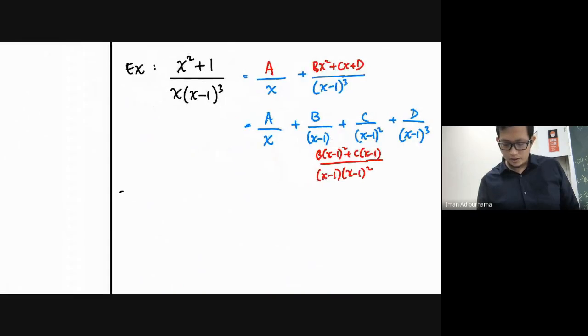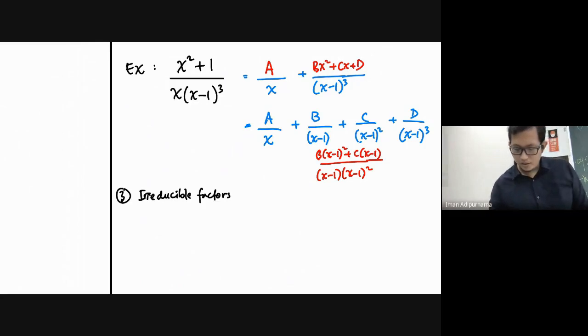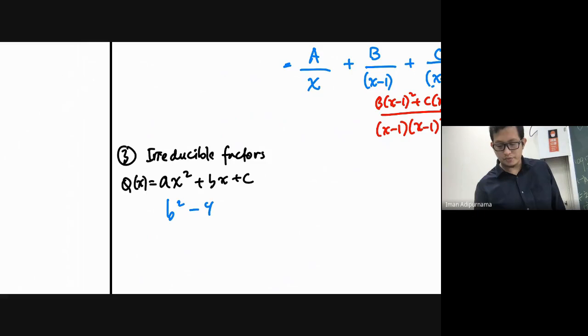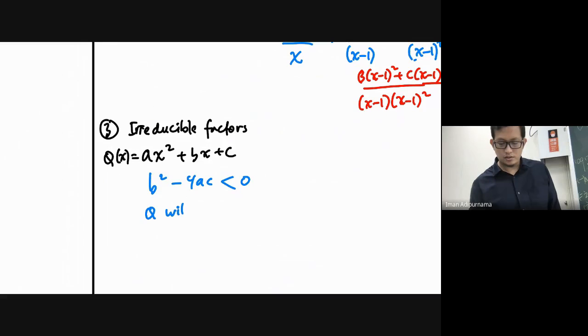And then the other part, the third case, is the irreducible factor. Let me write q(x) is ax squared plus bx plus c. If your discriminant, b squared minus 4ac, is less than 0, then q will be irreducible.